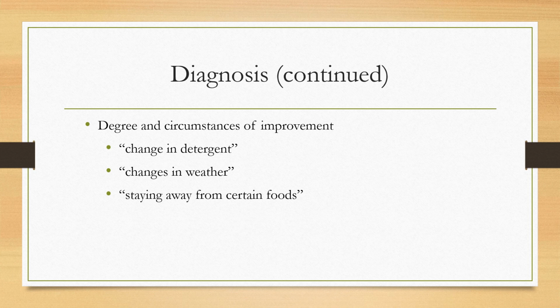Some people have allergies in spring, some are in fall. Do they stay inside? Do they keep their windows closed? Do they just take Claritin and suffer through it? What do they do? And if it is a food allergy, do they just stay away from that certain food?